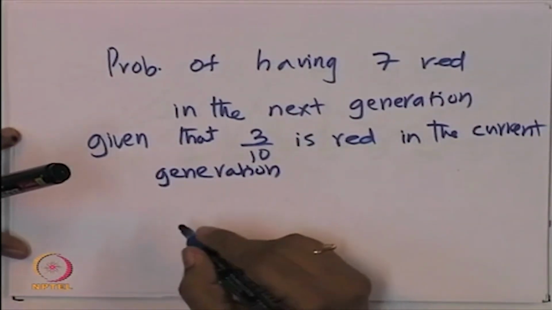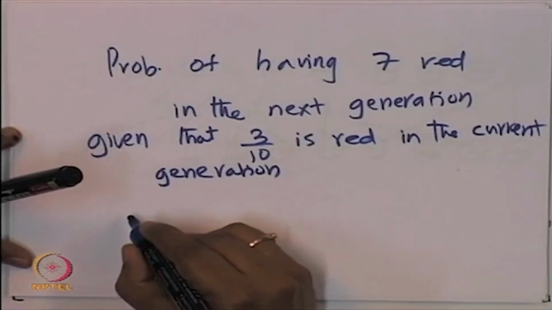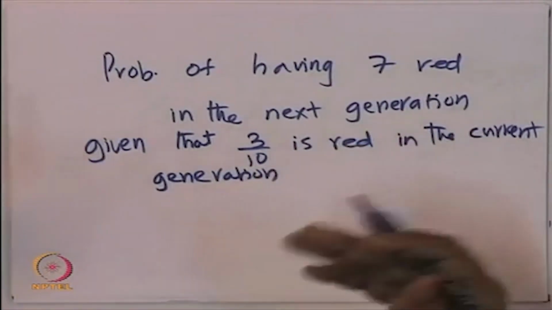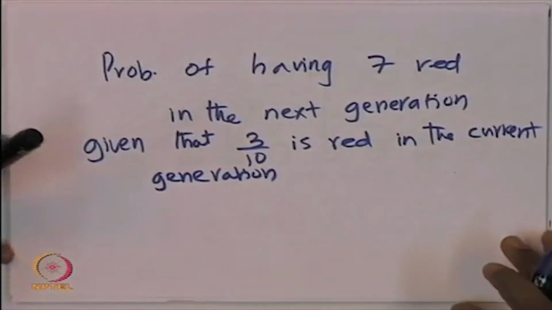And the answer to that is something that we learned, it is coming from the binomial distribution. So, this will have a binomial distribution that we learned.